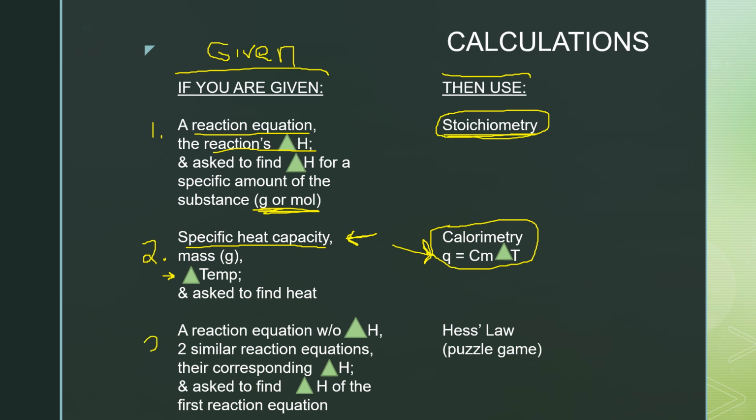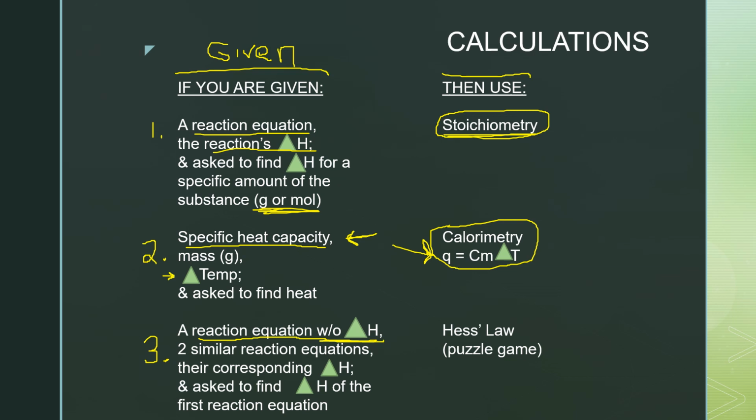Now number three, if you are given a reaction equation, any chemical equation with the yield sign, but you're not given the change, the delta H, the enthalpy value.